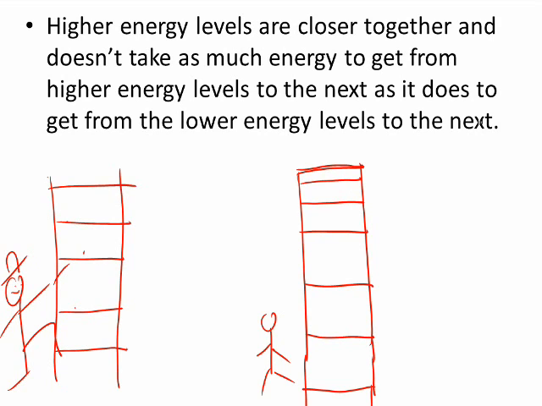For climbing this ladder over here, it's going to take much more energy at the lower ends to go from one end to the next, as opposed to up here where their energy levels are very close together. It's the same thing with an electron in an atom. So it's going to take more energy to go up these lower energy levels than to go from one of these higher levels to the next.